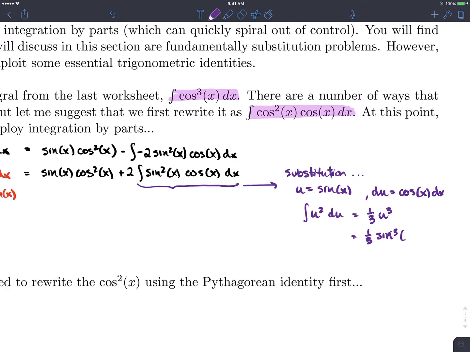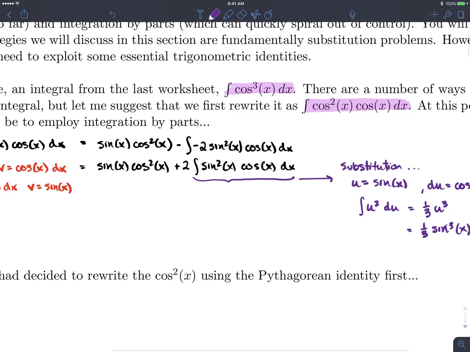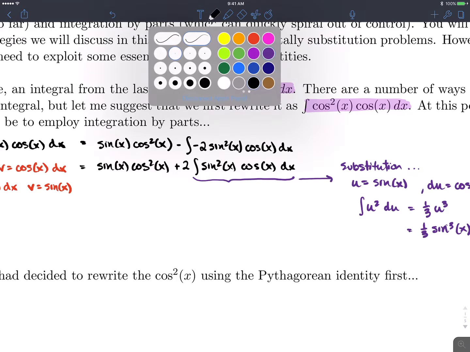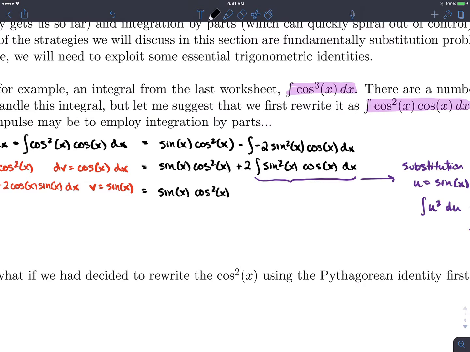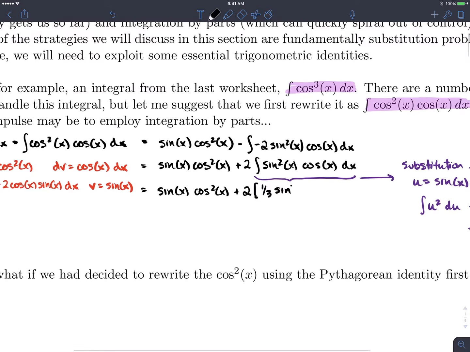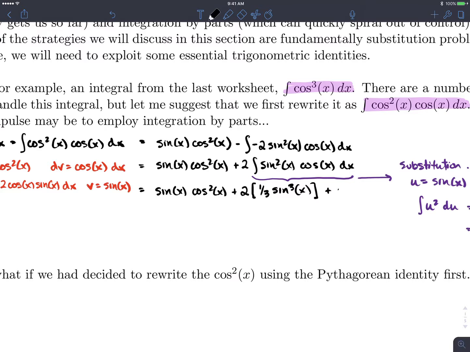That would just give us 1/3 sine cubed of x. So if we go back to this problem, remember we're still working through our initial integration by parts, we'd have sine of x cosine squared of x plus 2 times the result of our substitution, which was 1/3 sine cubed of x, and then our plus c.